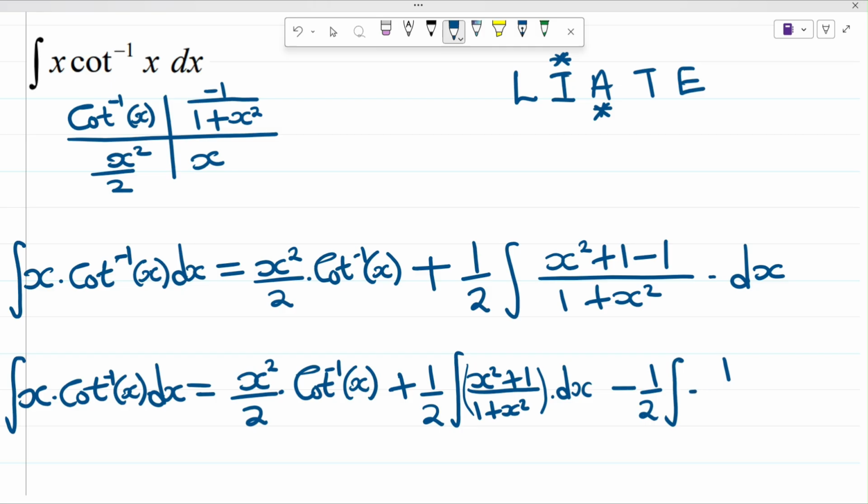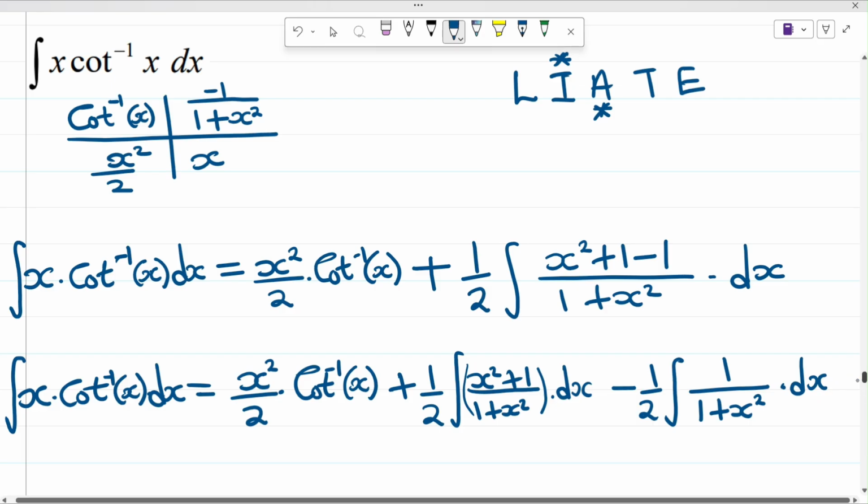Of 1 divided by 1 plus x squared dx, just like that. So that's it for that question.